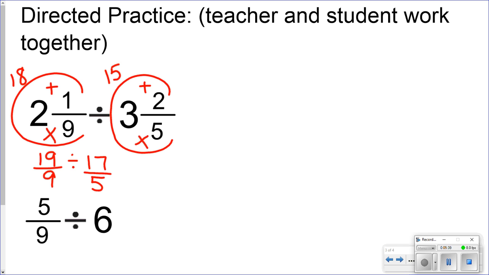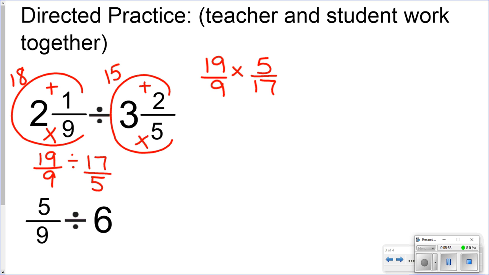Notice how I left the division sign there. I never try to combine steps, so at this point, now we can keep the 19/9, change divide to multiply, and reciprocate 17/5 to be 5 over 17.